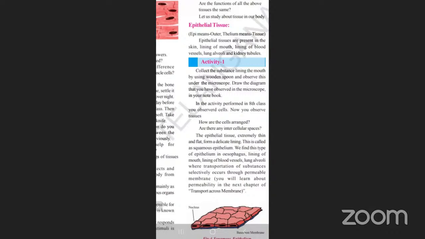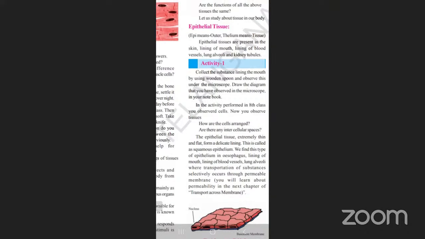In 10th class, you will learn about this deeply. It is a plural word. In the lungs, the air sacs, those complex structures, are called alveoli. Okay.